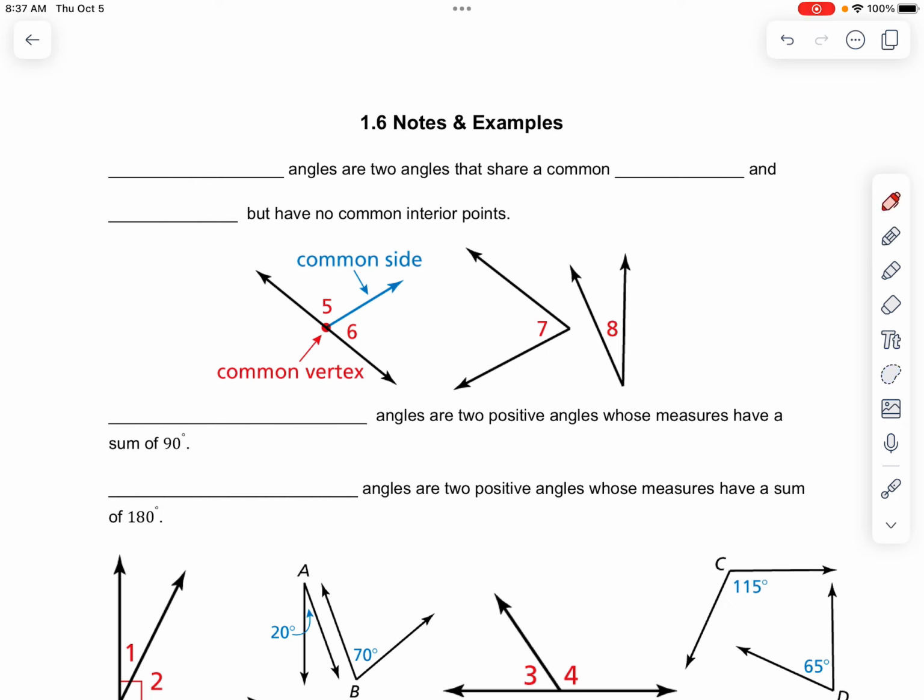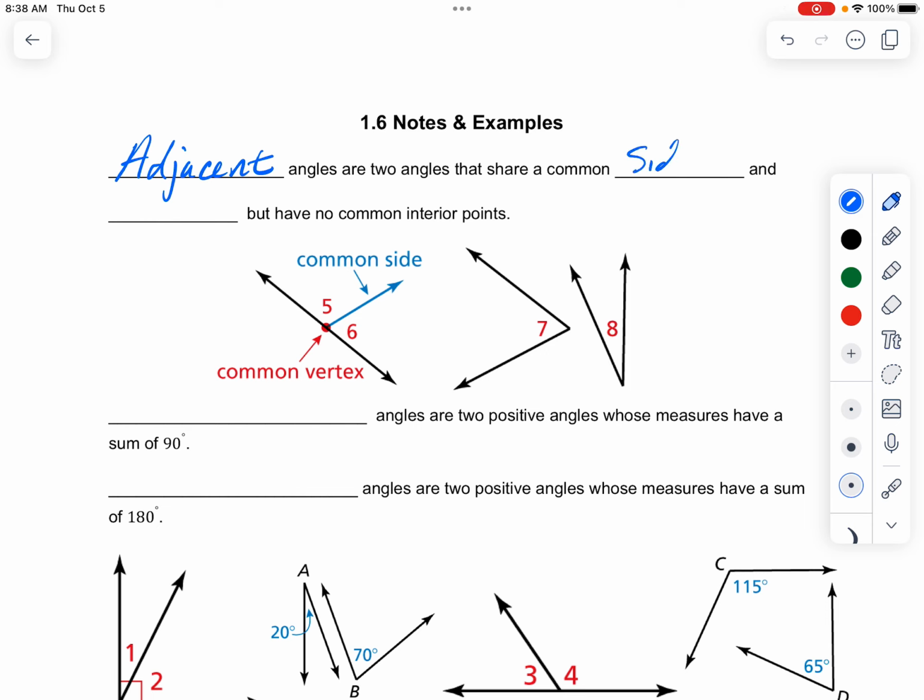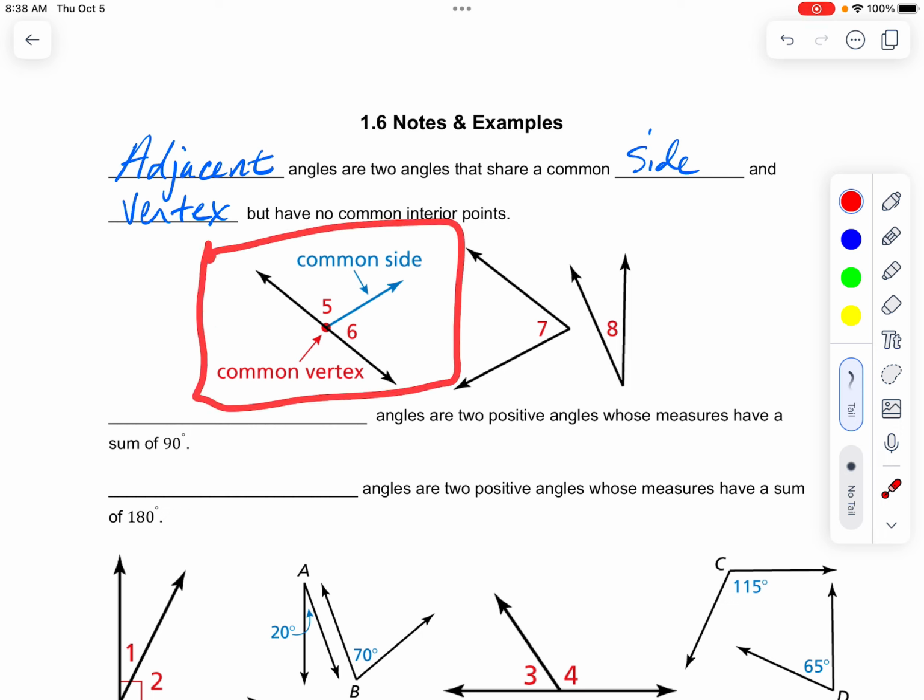Our first word here is adjacent. In normal language, adjacent generally means like next to. And it's similar in geometry, but we need to be a little bit more specific. So adjacent angles are two angles that share a common side and vertex, but have no common interior points. So here is an example of adjacent angles.